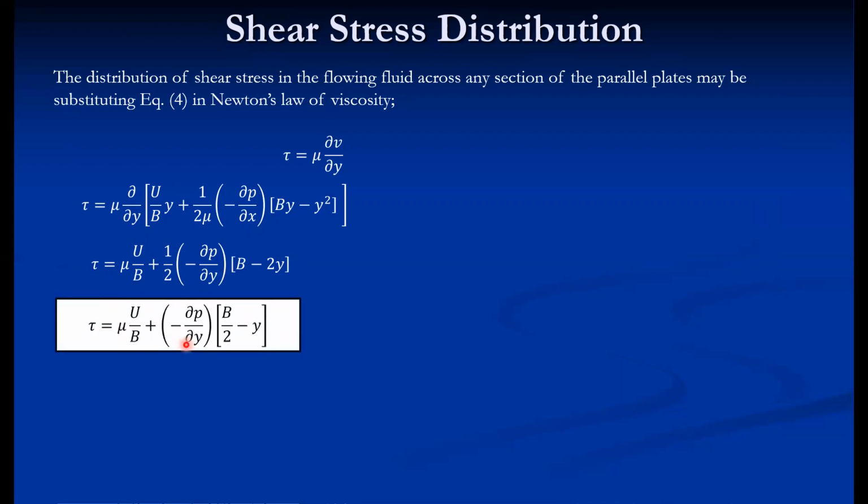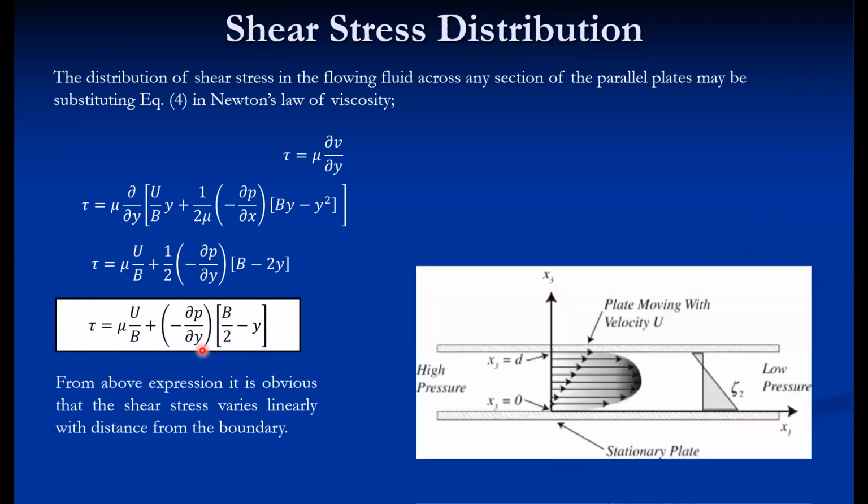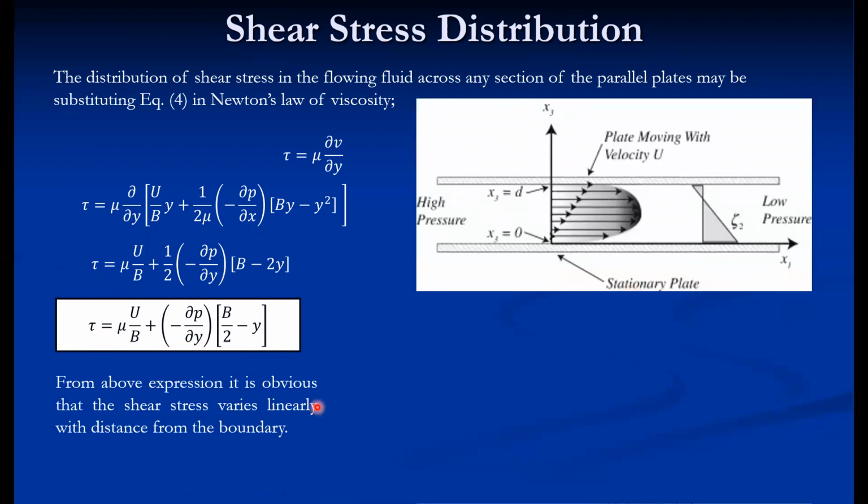So this is the most generalized expression, where shear stress varies linearly with y. But here the zero is not necessarily at the center. So the tau value is 0 not necessarily at the center. It may be somewhere close to the upper plate.